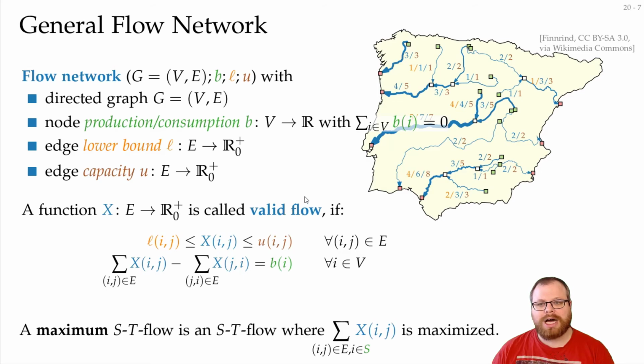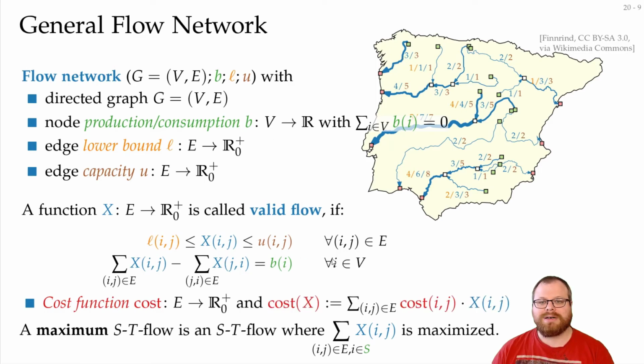Which is much harder than before because we cannot just choose everything to be 0. But we can generalize this even more. We can also say that some of these rivers are more expensive than others. So we can also assign a cost function to every edge. And then for the cost of the flow, we sum up the cost of every edge multiplied with its flow.